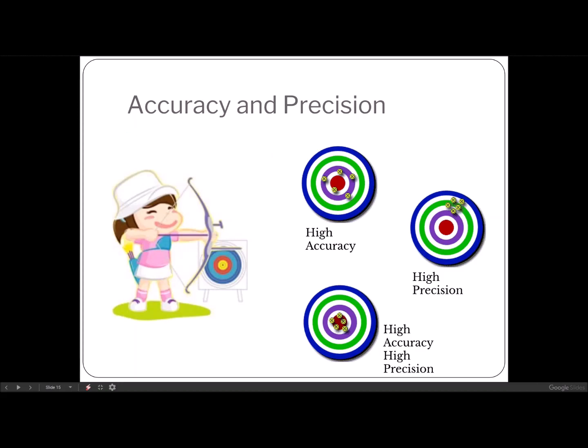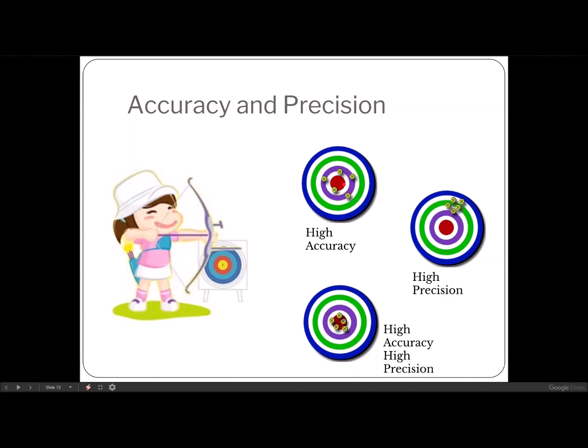So this is an illustration of the difference between accuracy and precision. In the first figure, we have good accuracy, which means this archer shoots 5 times and it gives good accuracy.